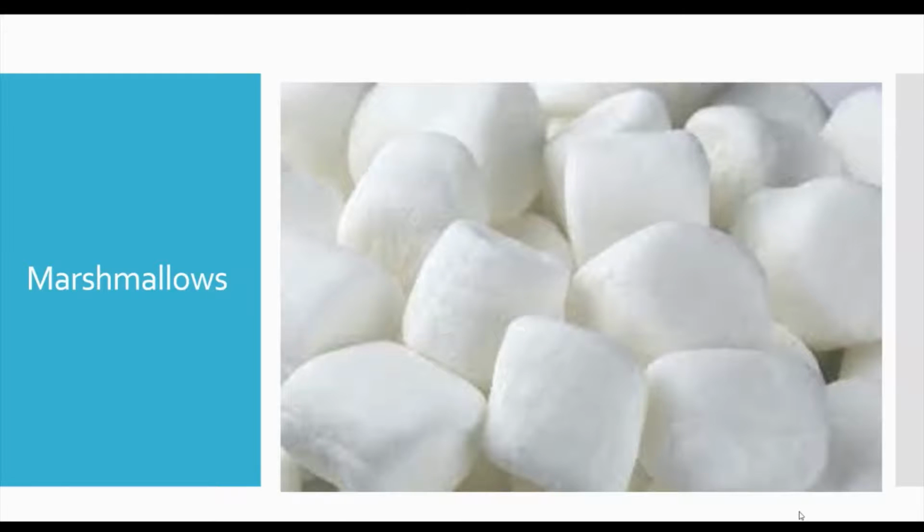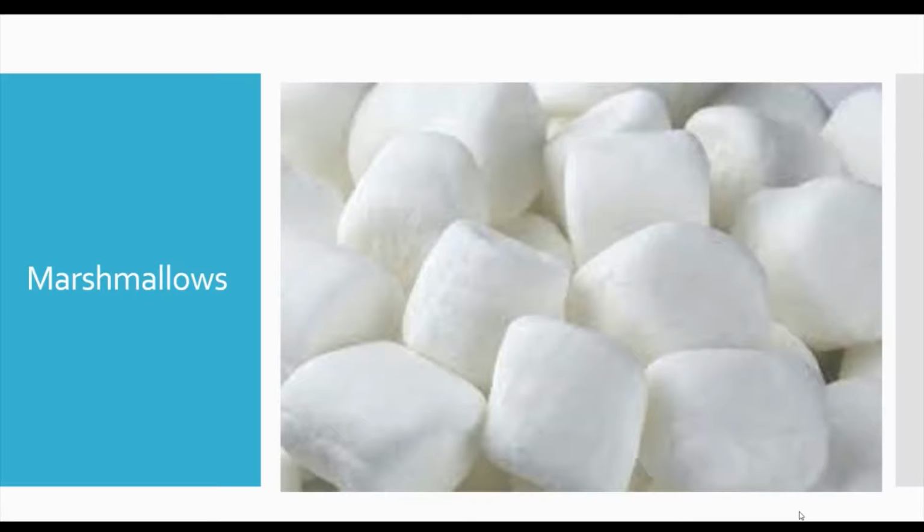So if we take a look at marshmallows, these are an interesting example because they seem like they're pretty much the same throughout. But if we think about what phase they are, we have to think for just a minute because the material holds its shape, but it is compressed easily. And that's because the marshmallow itself, the sugar and the proteins that make up the marshmallow are in a solid form, but they are a foam around a gas.